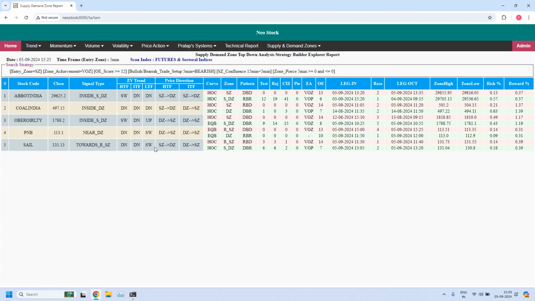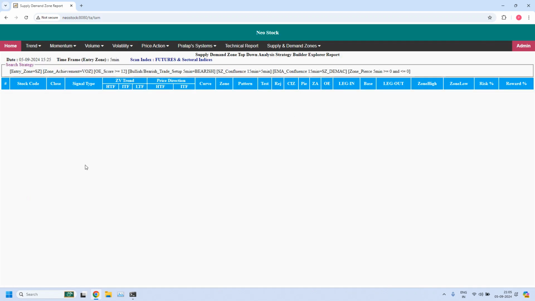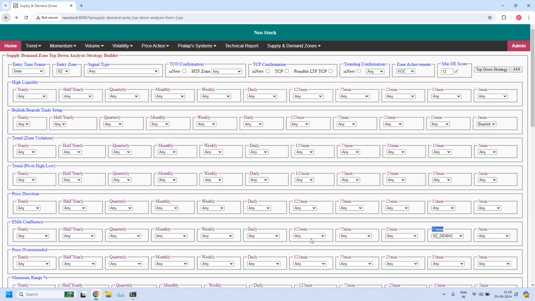If out of these 5, any of these 15-minute supply zones are having EMA confluence, probably they are high probability trade setups. So in the EMA confluence, 15 minutes time frame, I am adding a 15-minute supply zone with daily EMA confluence. So none of the stocks are having it. Good. Removing the filter.